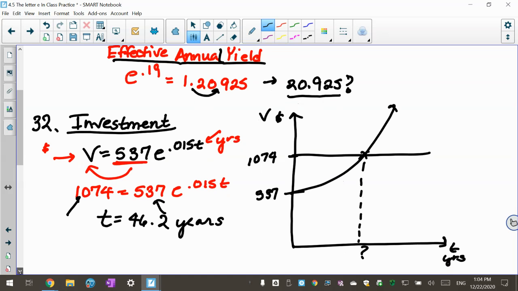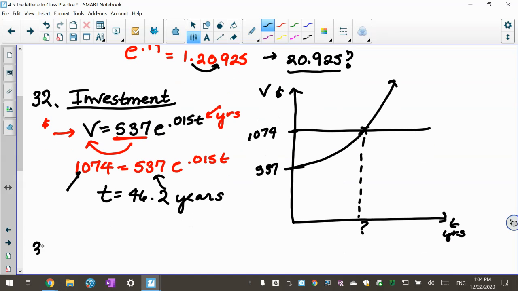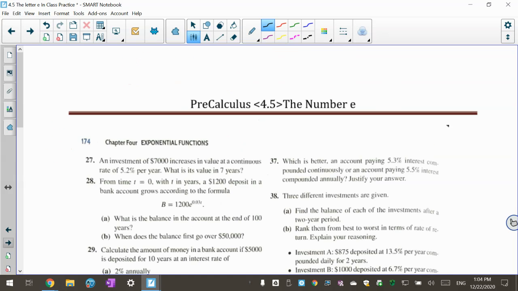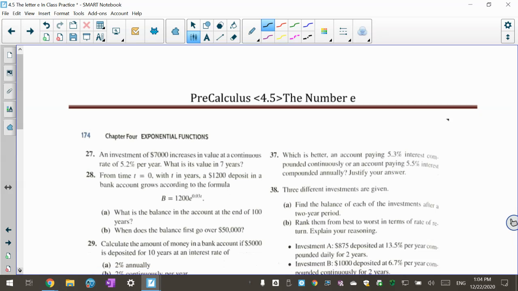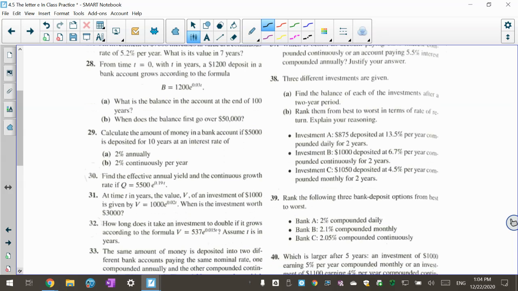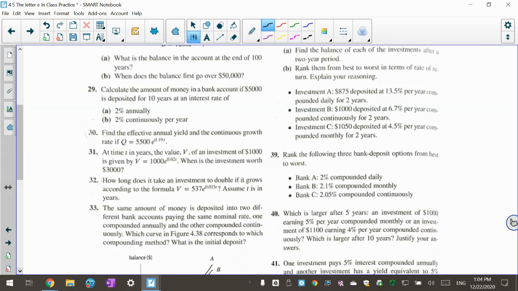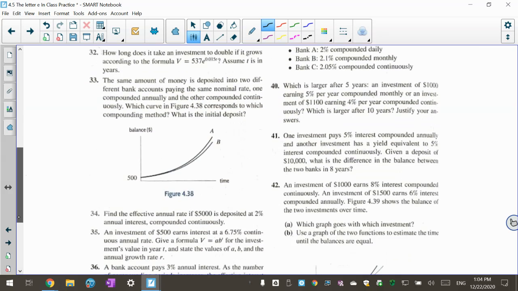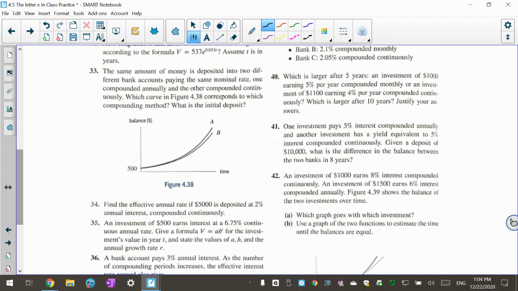Okay, the next one I'm going to do is 34. I'm just going to set it up here. It's on the next page. So 34 says, find the effective annual rate if $5,000 is deposited at 2% annual interest compounded continuously.